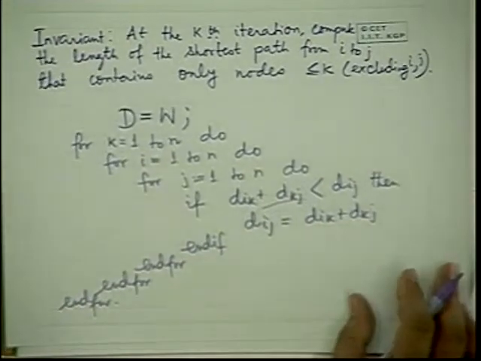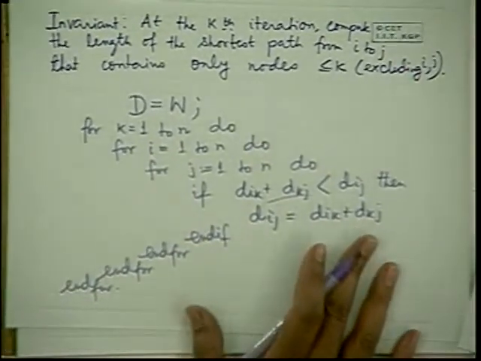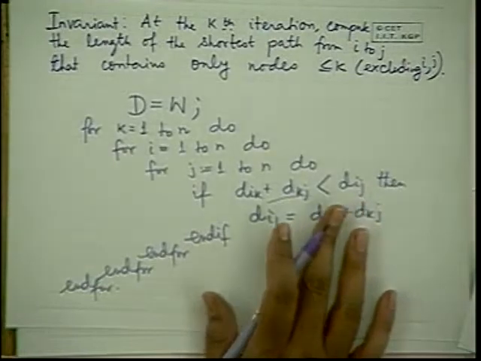And you can see this does not care about whether the weights are negative, positive or anything. For any weight this should work. This is such a simple algorithm. And how much time does it take now?